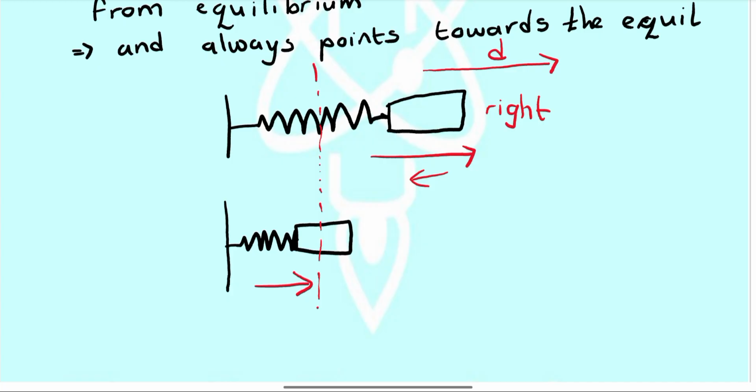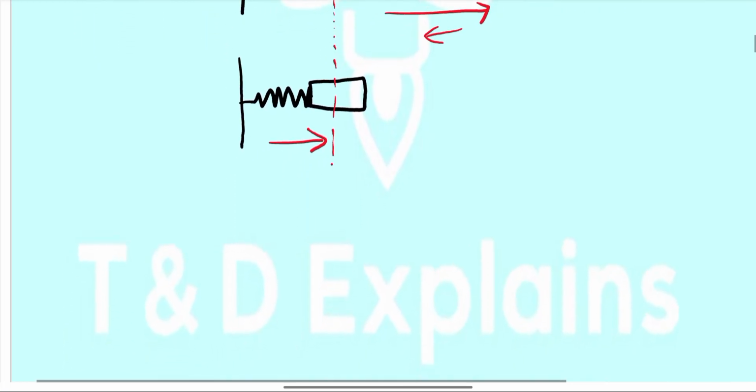The next thing we're going to talk about is a property of simple harmonic motion, which is referred to as isochronous motion. What does this term mean?